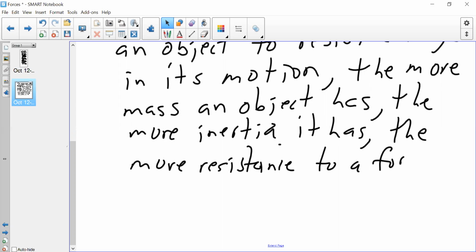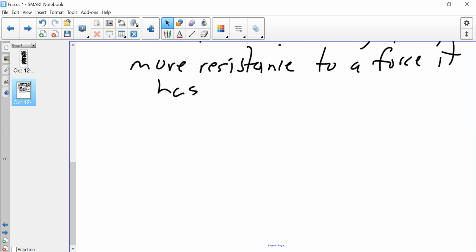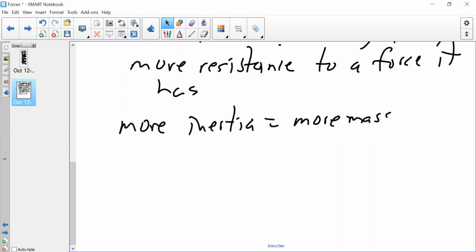And way back in the day, I established this equation. More inertia equals more mass equals more resistance.